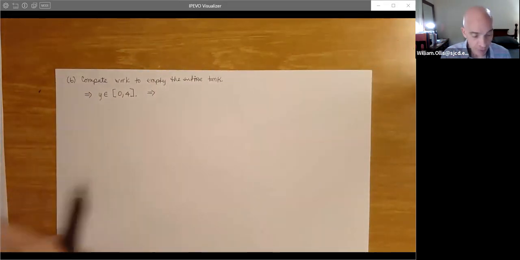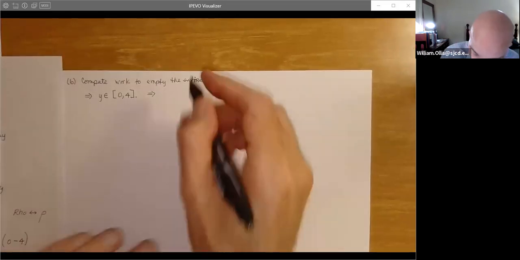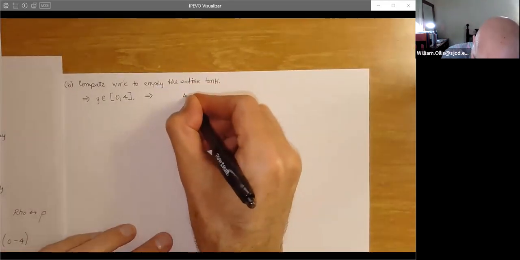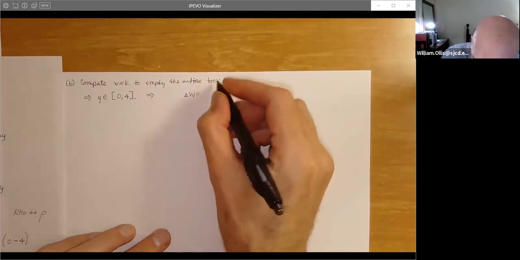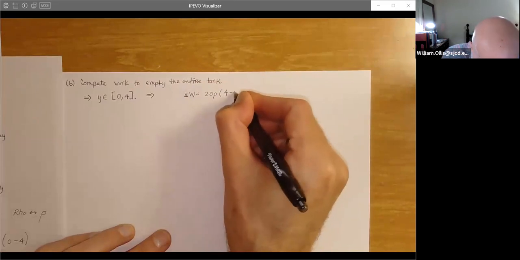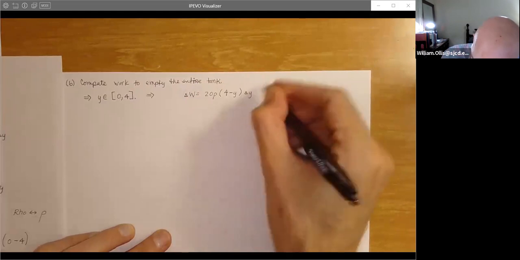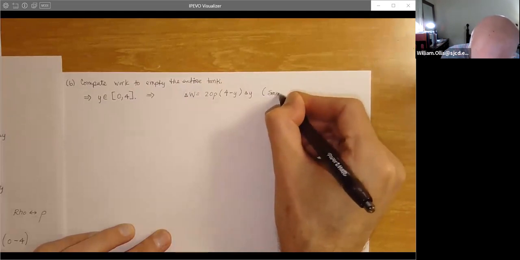So let me go back here and just say we have the same computation. Just go ahead and write this down. Delta work, or delta W, will be 20 rho (4 minus y) delta y. So this is the same computation.